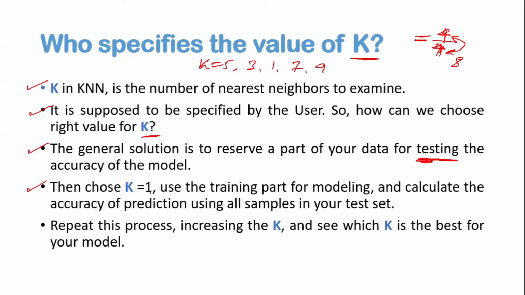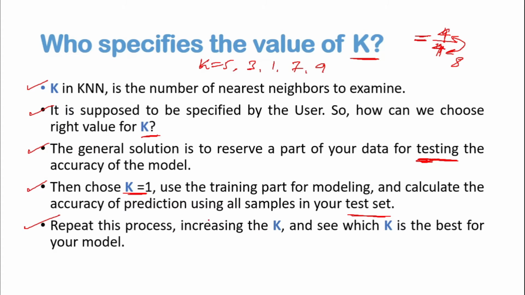Then choose k equal to 1, starting from 1. Use the training part for modeling and calculate the prediction accuracy using the samples of your test set. If you have already developed a model, then start predicting the accuracy from k equal to 1. Repeat the process, meaning increase the value of k to 3, 5, 7, 9.